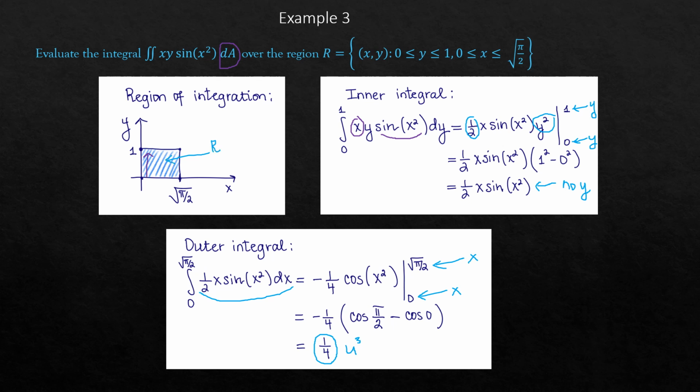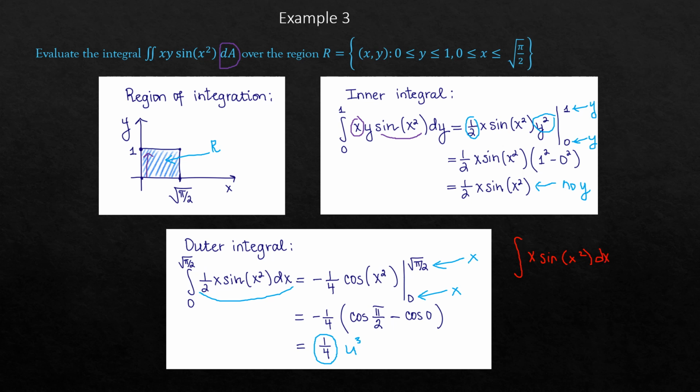Now at the very beginning of this solution, I mentioned that I look at the function and I see a product of two functions. So one challenge here that I would like for you to attempt is this. Let's split this integral into a product. So what would that be? The first one is the integral of x sine of x squared dx.